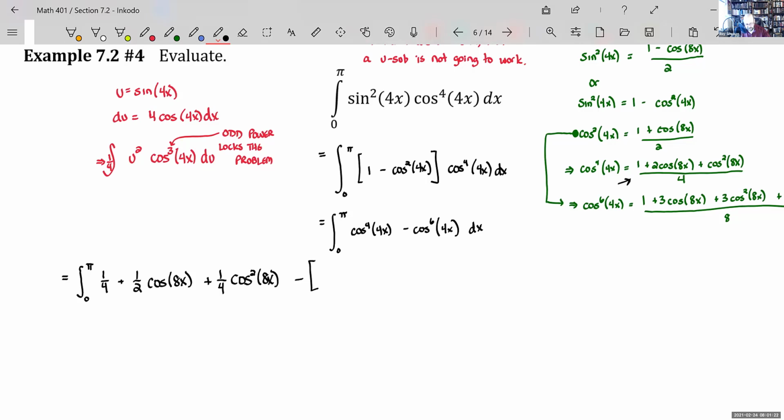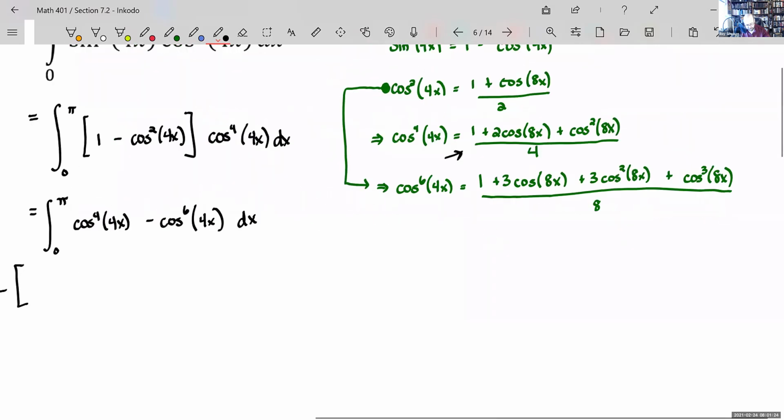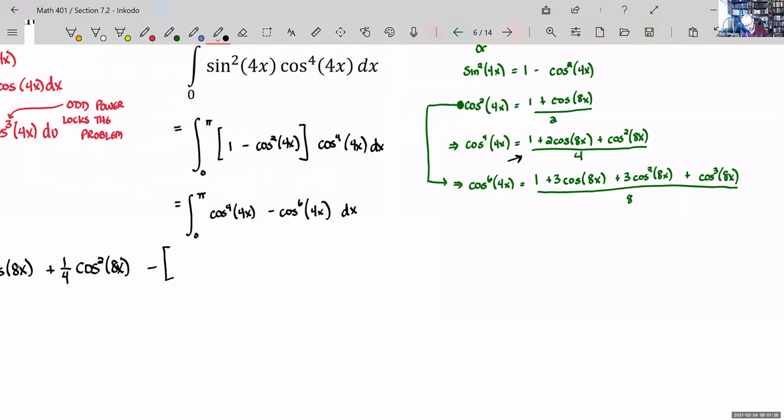It's the cosine to the 6th of 4x. So that's going to be a 1/8 plus 3/8 cosine 8x. Let's see, plus 3/8 cosine squared of 8x.